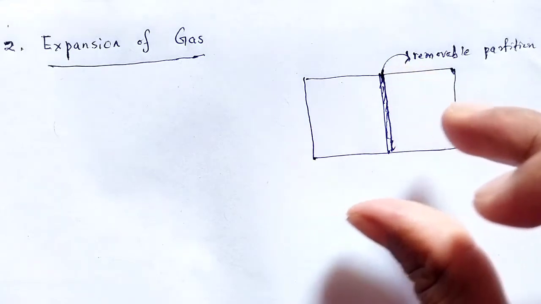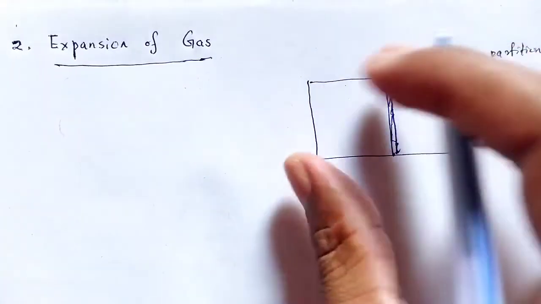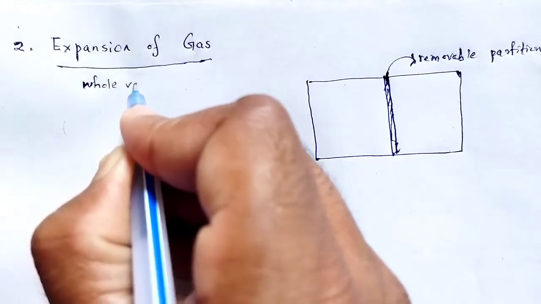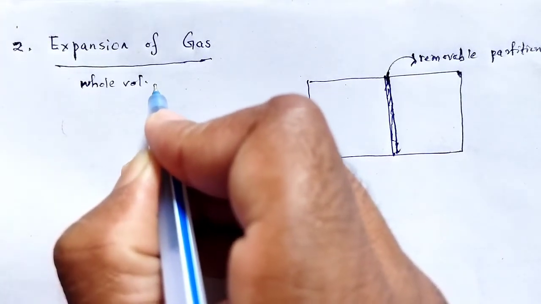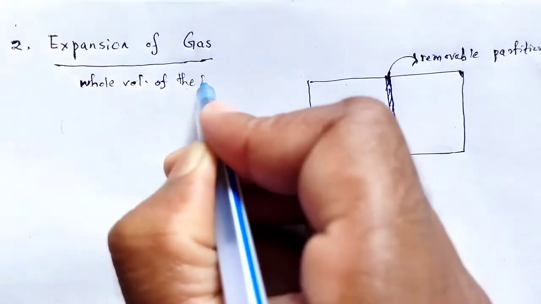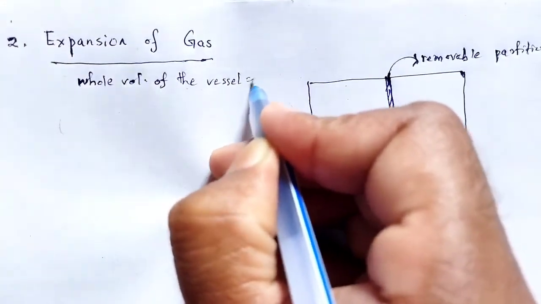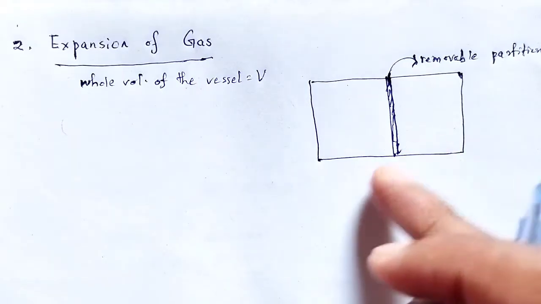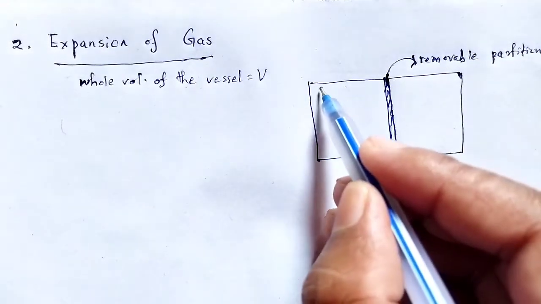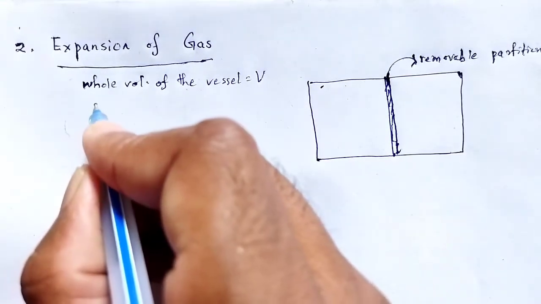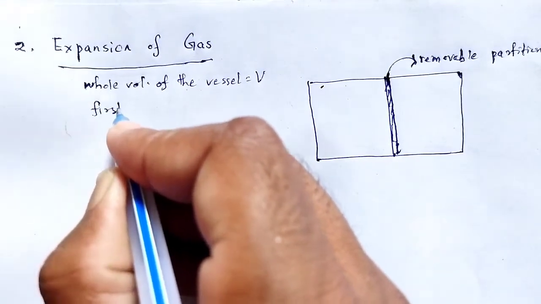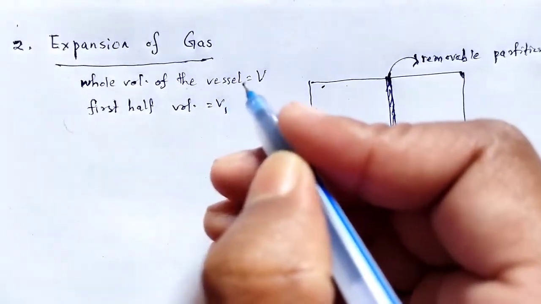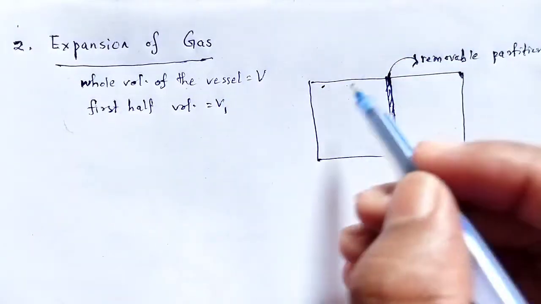Let the whole volume of the vessel be V. Let the first half volume be V1, and the first half volume V1 is filled with gas.